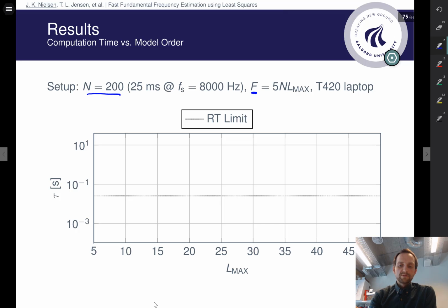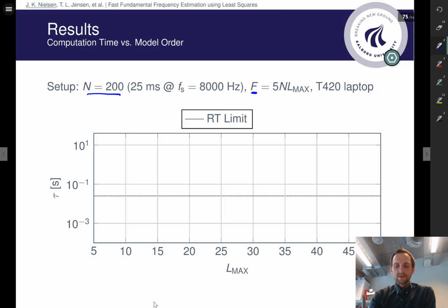This is the number of grid points when we do our coarse grid-based estimate. We have found that this works very well, but look in the paper for a reference.